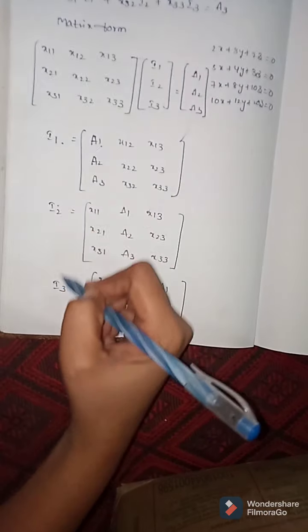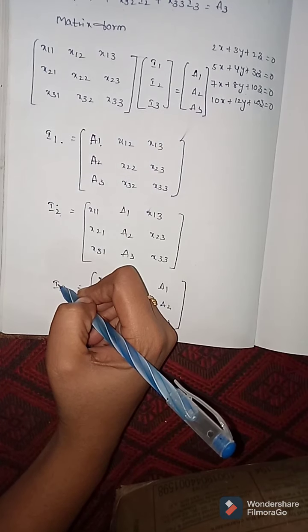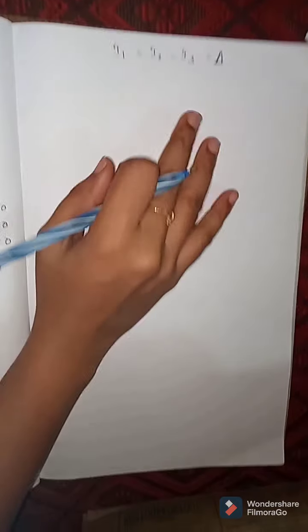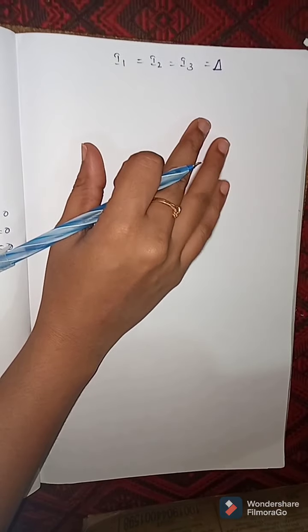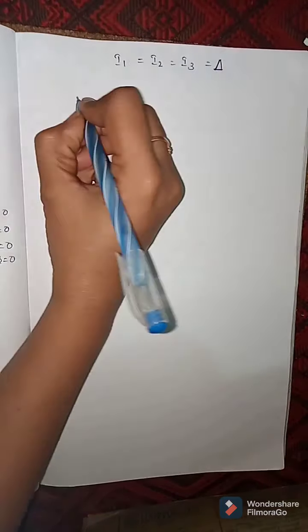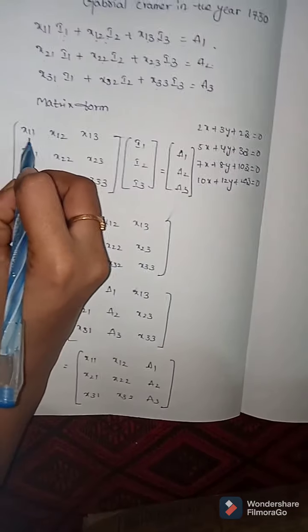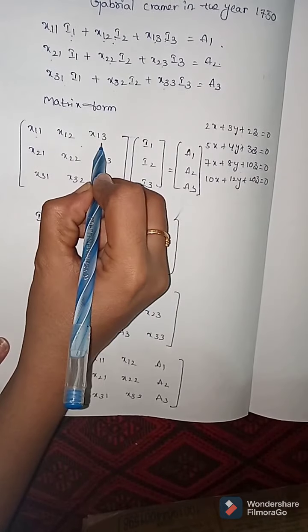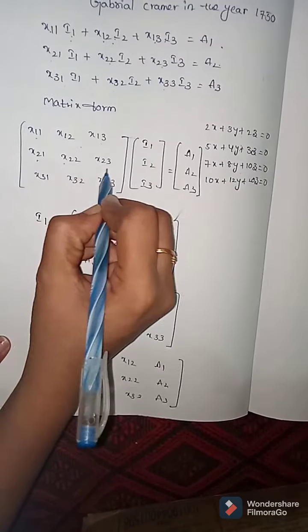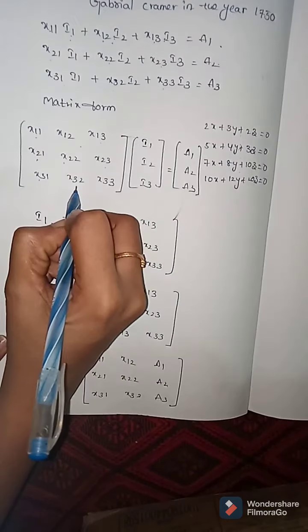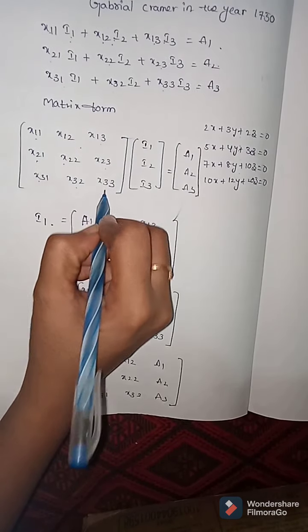Let us consider the denominator determinant as delta. Now I am determining delta. I can write delta is equal to these terms: x11, x12, x13, x21, x22, x23, x31, x32, x33.